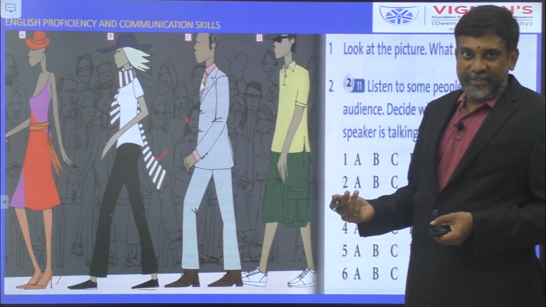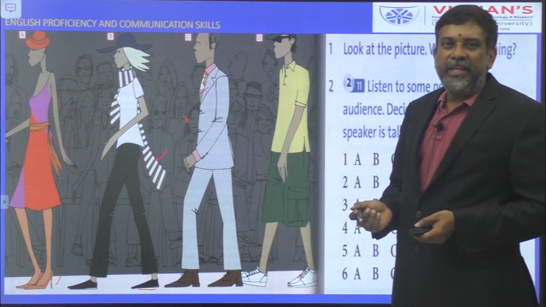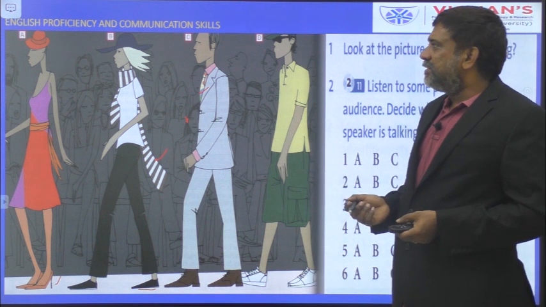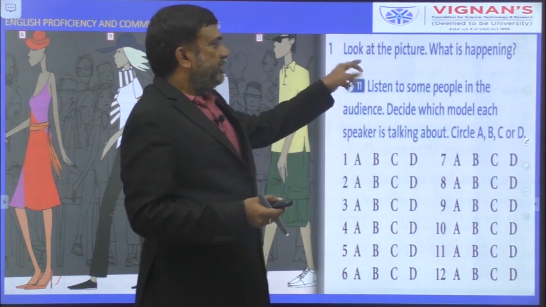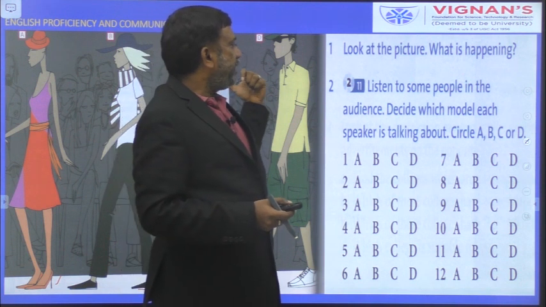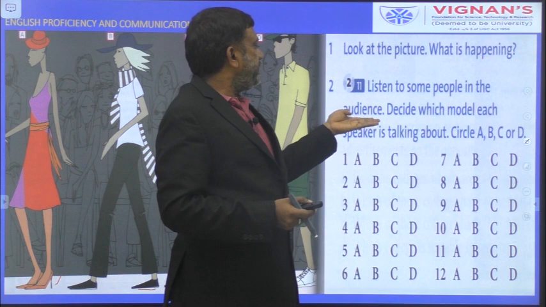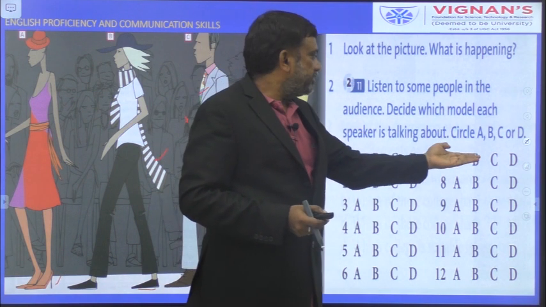Now let us listen to what exactly they want to say about themselves and what they speak about their passions. Now your task is: you have already seen these pictures and what's happening there. Listen to some people in the audience and decide which model each speaker is talking about.